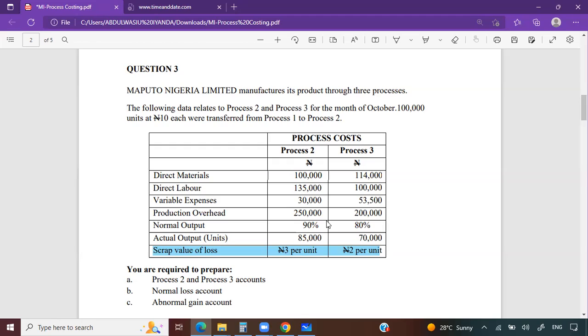Whatever your input is, we are giving a room for deviation of 10% for process 2. For process 3, we are giving a room for deviation of 20%. 100 is the input, and what you are expecting is 90, so losses of 10 and losses of 20.